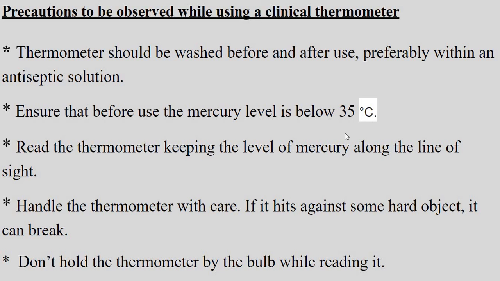Otherwise, your reading will be incorrect. Next, read the thermometer keeping the level of mercury along the line of sight, because the mercury level is very narrow and won't be that visible.